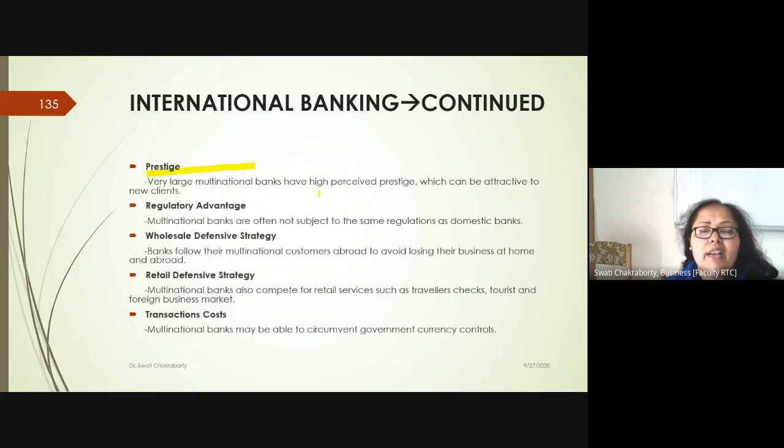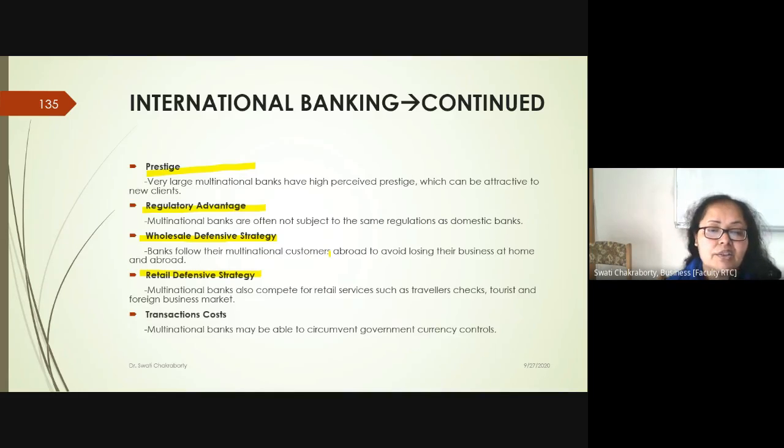Prestige. Very large multinational banks have high perceived prestige, which can be attractive to new clients. Regulatory advantage: multinational banks are often not subject to the same regulations as domestic banks. Wholesale defensive strategy: banks follow their multinational customers abroad in order to avoid losing their business at home and abroad.